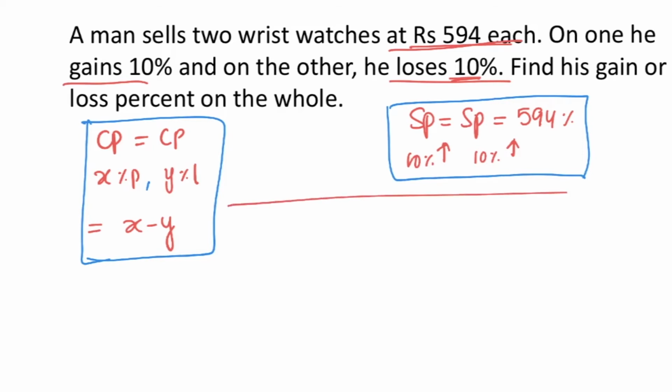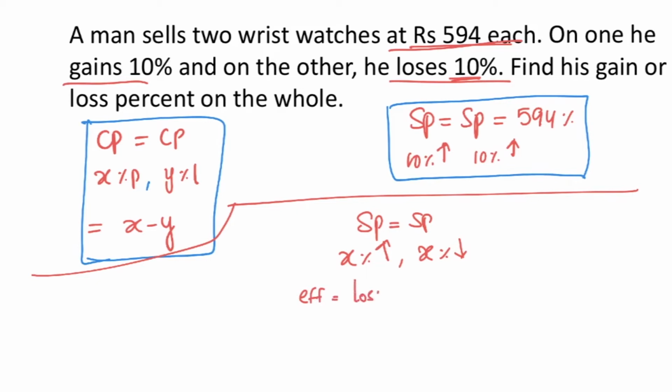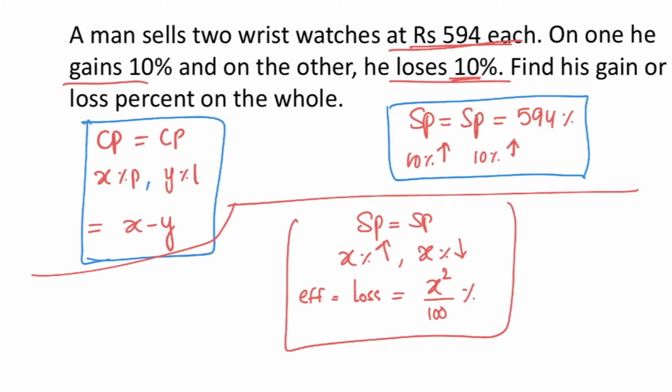Whenever selling prices are equal, on one if there is X% profit, on the other if there is X% loss, the effective result is always a loss, and that loss is equal to X square by 100%. You should remember this point.